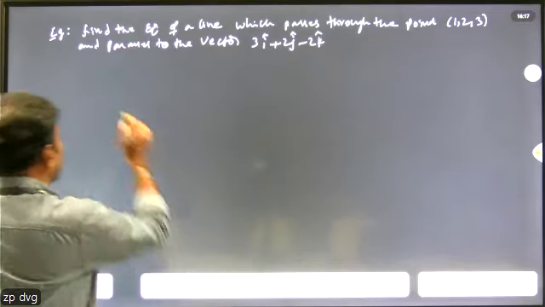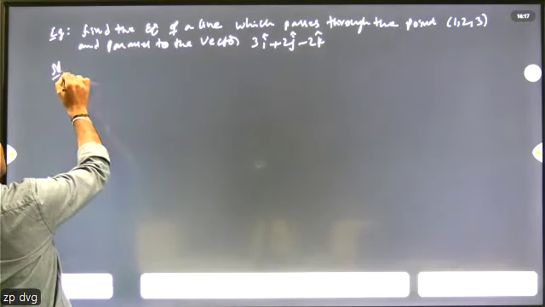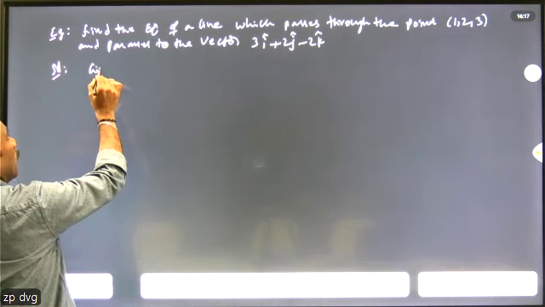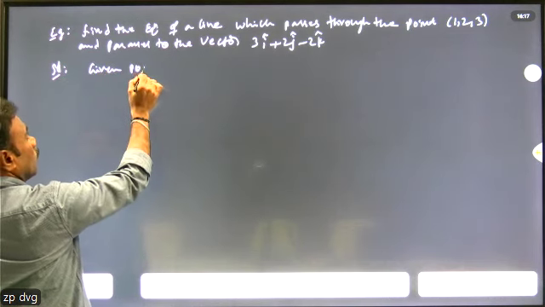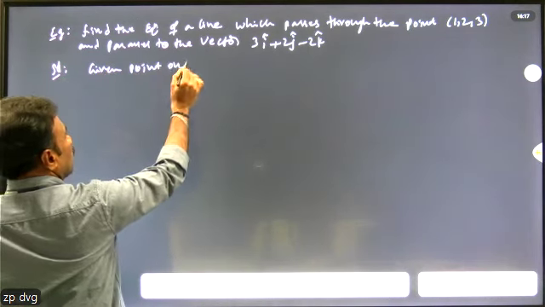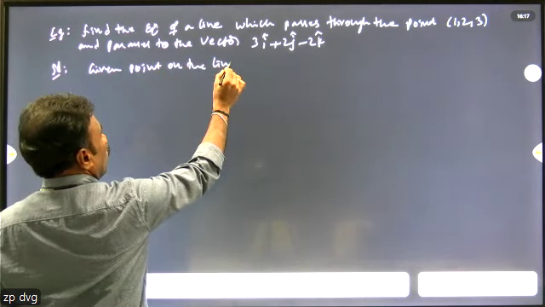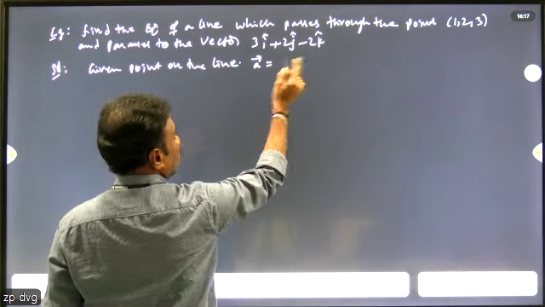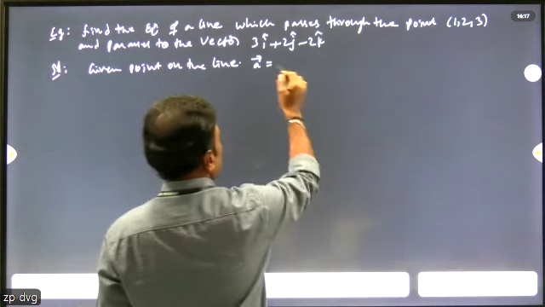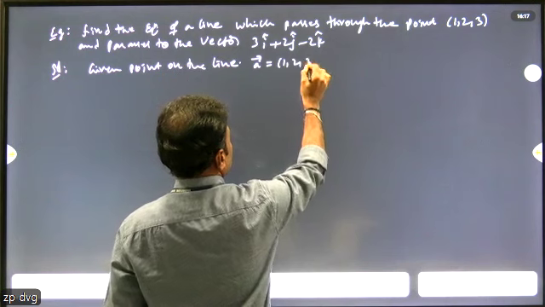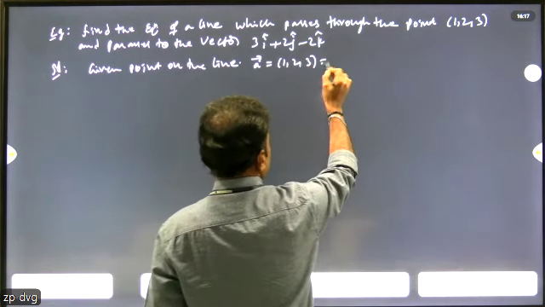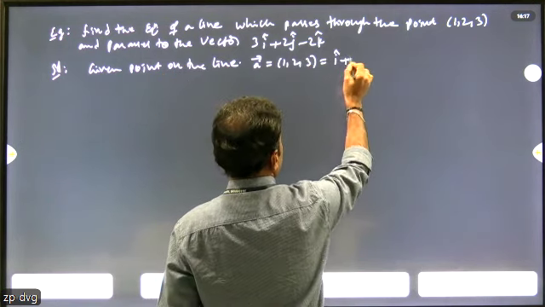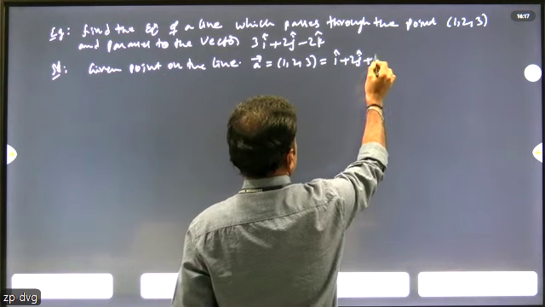So let us take the solution. The given point on the line, we can take as a bar. So a bar is equal to 1, 2, 3, which we can write in vector form as i cap plus 2j cap plus 3k cap.